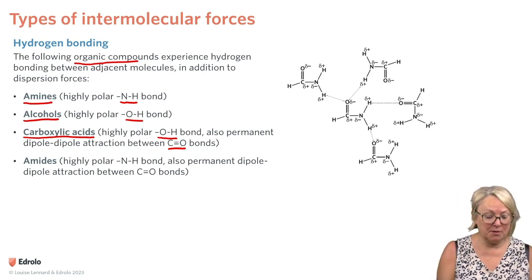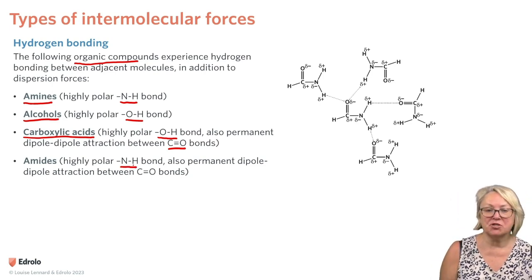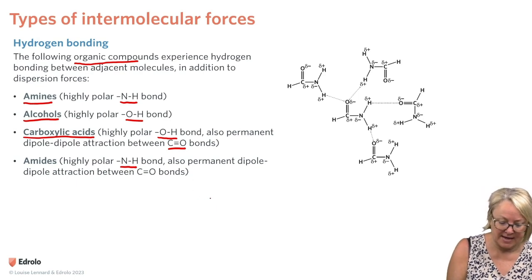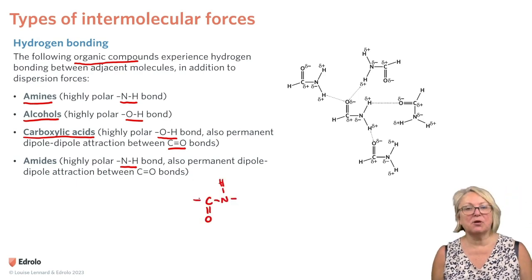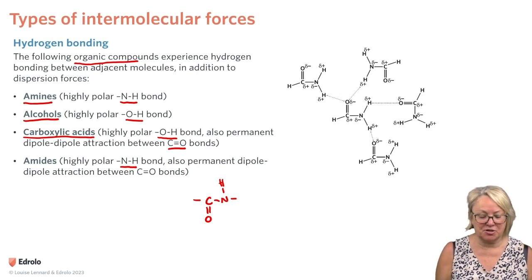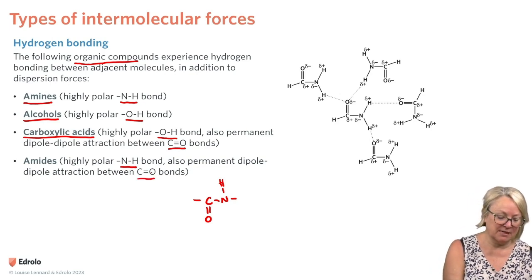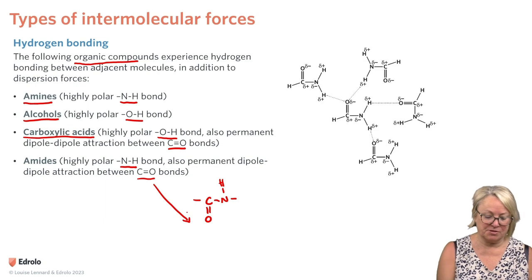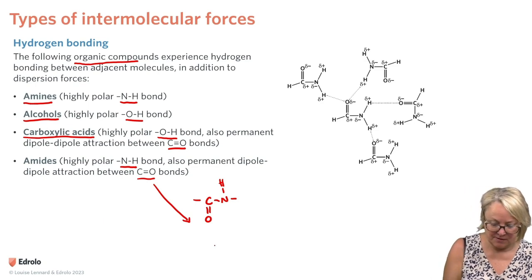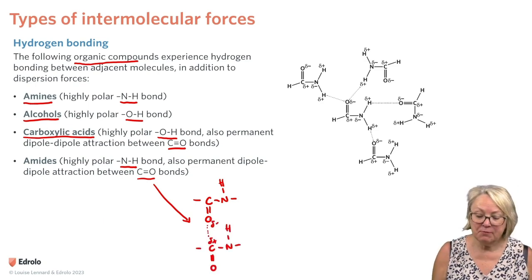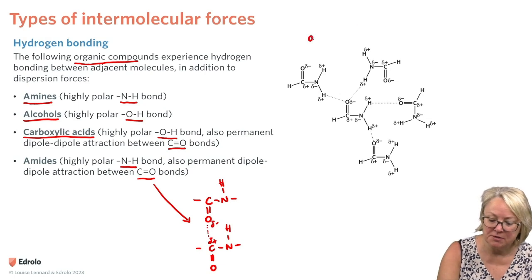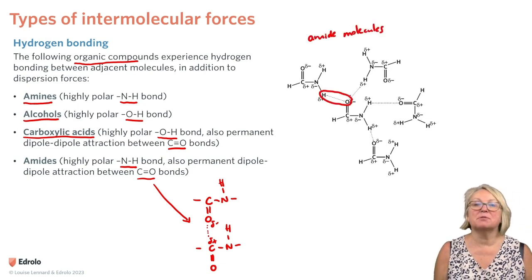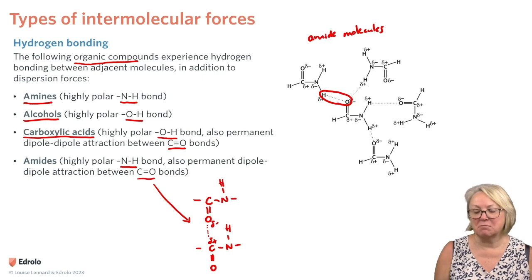Amides have the highly polar NH bond, which is part of the CONH, but also permanent dipole attraction between adjacent carbonyl bonds. So we could have another carbonyl. And here we have some amide molecules, and we've got hydrogen bonding between adjacent molecules.